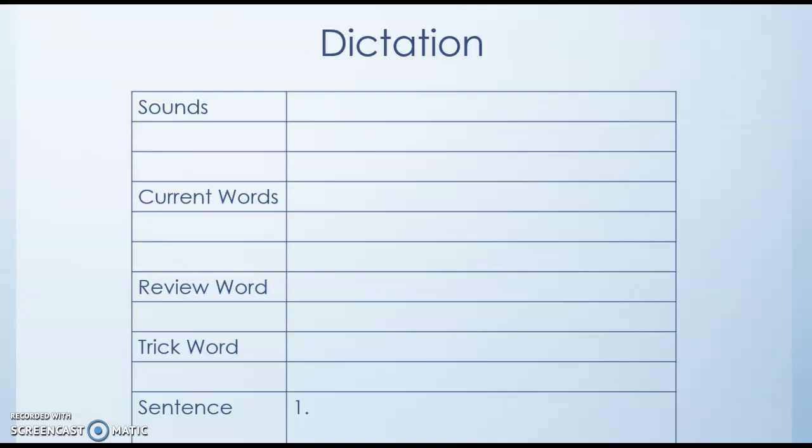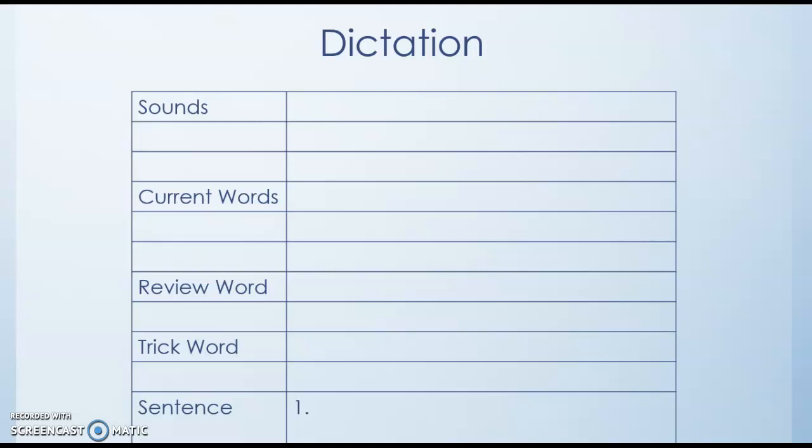Next word, if anybody remembers what a bonus letter is, remember that there might be a bonus letter in this word. Spill. Please do not spill your drink. Spill.